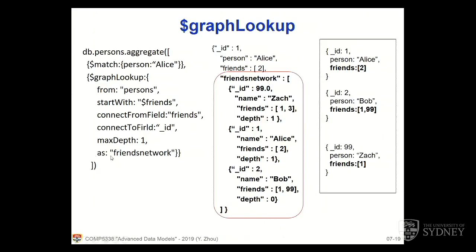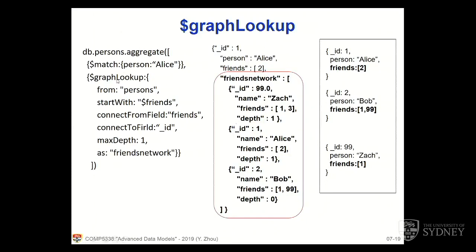This is how you indicate that I'm going to add a new field, and here you specify the new field name. This field contains all the graph traversal data. And then how do we construct this?